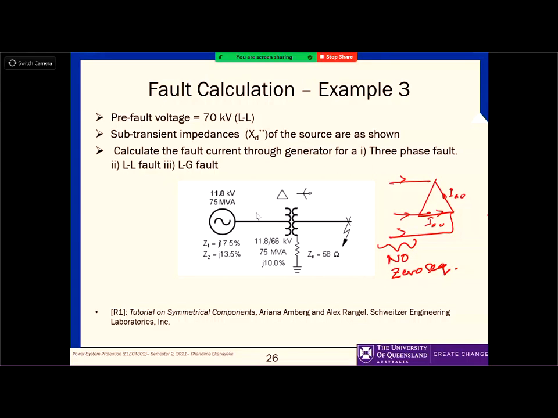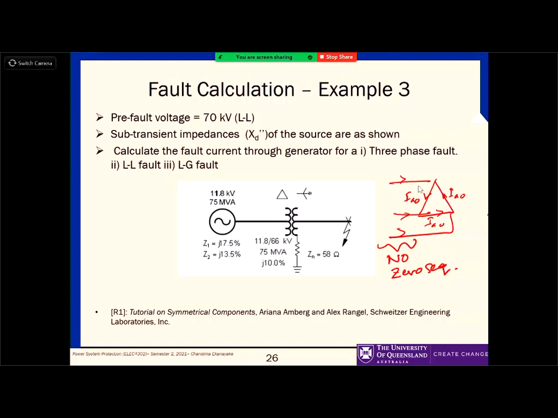Violating the conditions, now you don't need anything coming in from outside. This current is going through here, and then the same current is going through here. So, it means the zero sequence current can circulate inside the delta. It can circulate inside the delta.